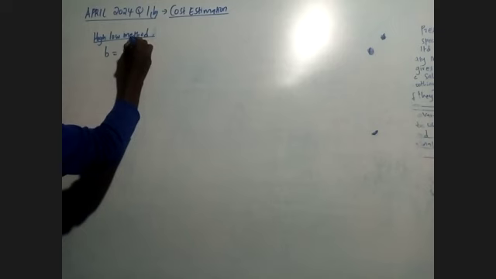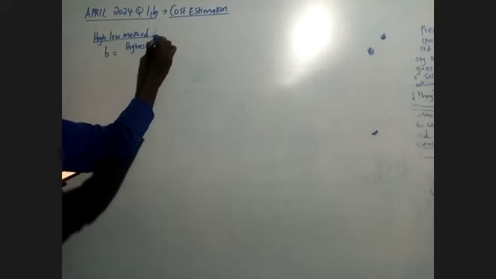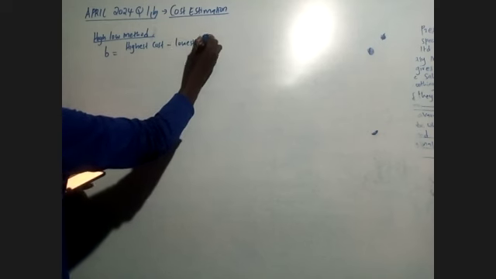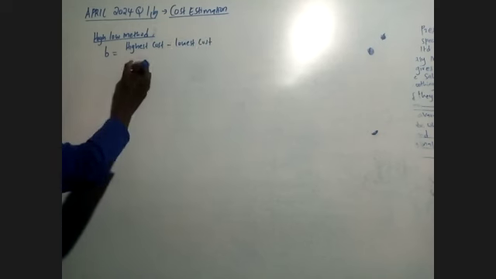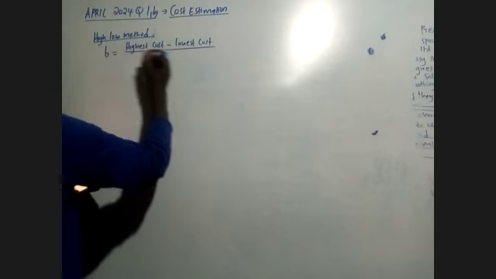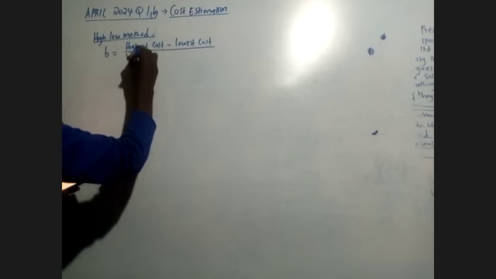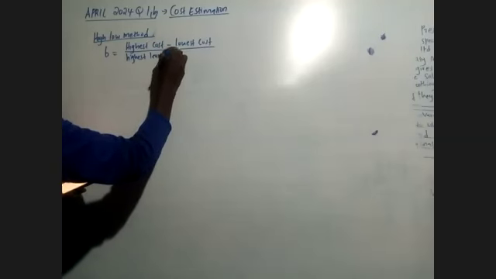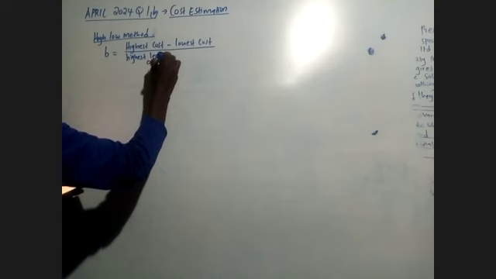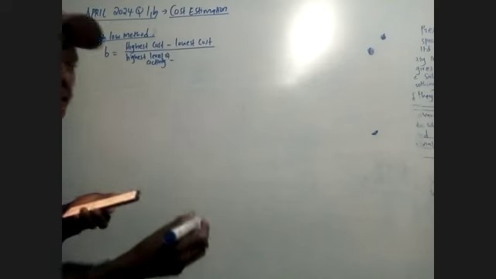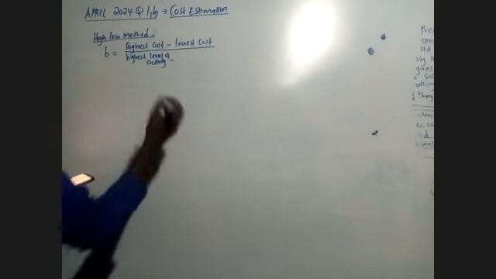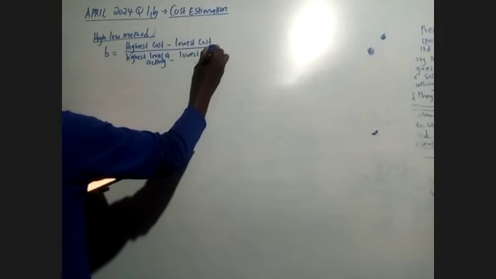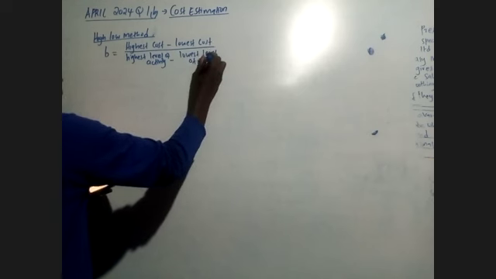Highest cost minus lowest cost, over highest level of activity minus lowest level of activity.